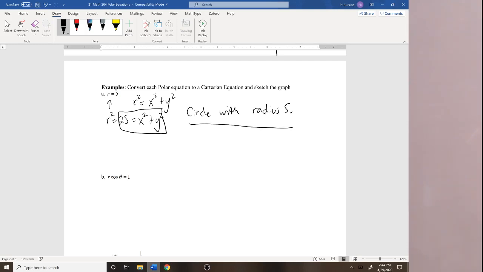And that should make perfect sense to you because polar coordinates are a set of concentric circles, and all we were told was a radius of 5. So in the polar plane, that's a circle with a radius of 5, and it's the same thing in the Cartesian plane. It's just in the Cartesian plane, we represent that by x squared plus y squared equals 25, and in the polar plane, we can just write r equals 5.